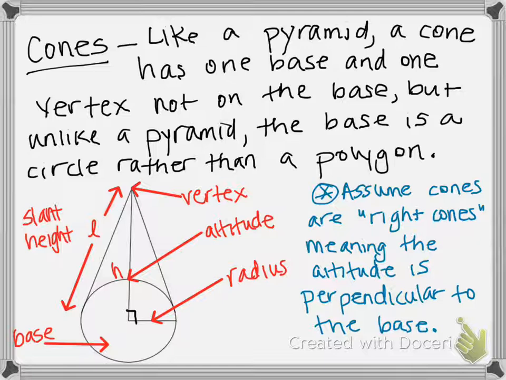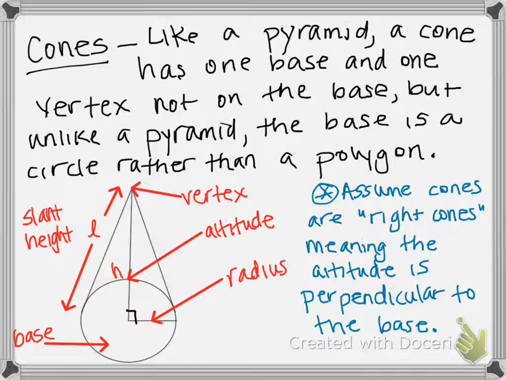It has some of the same terminology: base. It has an altitude or height, H. A slant height as you go along the side of the cone, L, the vertex at the very top, and since our base is a circle, I included where the radius would be located, although it could be any line from the center to the edge of that circle.